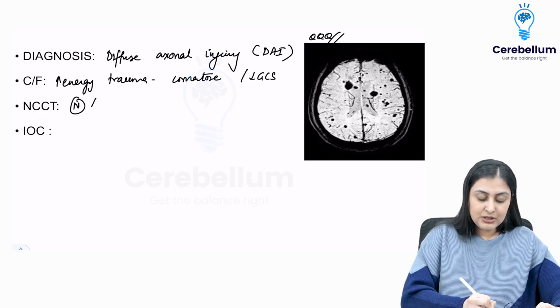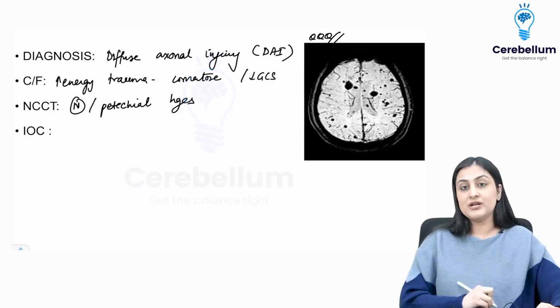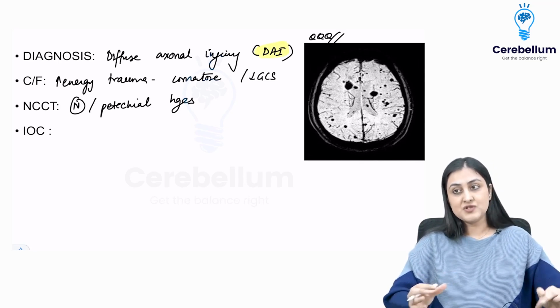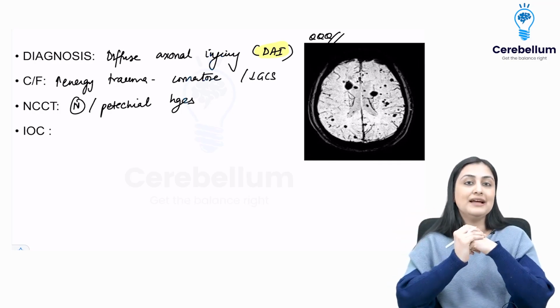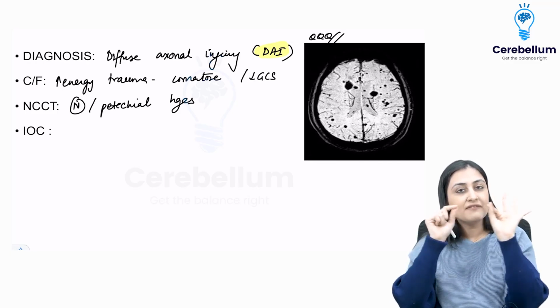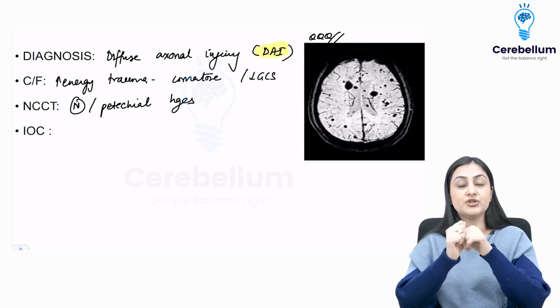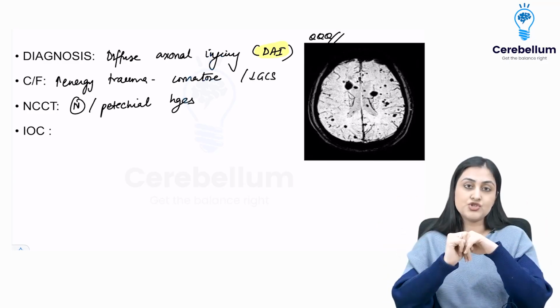NCCT would either be normal or show these minor, small petechial hemorrhages. So what is going on? In DAI, as the name suggests, there is shearing, tearing of the axons because of the high energy trauma, and everywhere these axons get torn, you will have these small micro bleeds, these micro hemorrhages, which overall lead to a very poor neurological outcome.